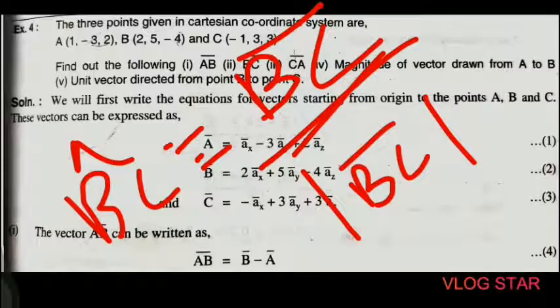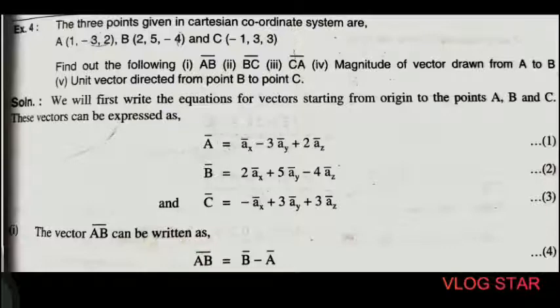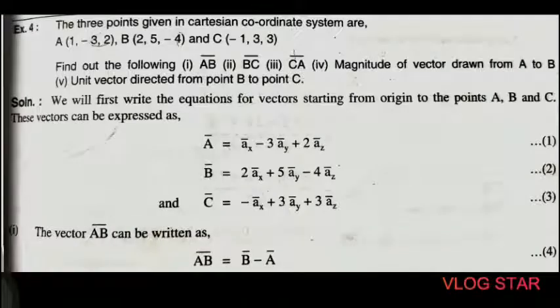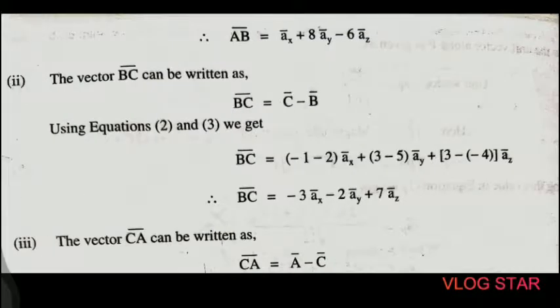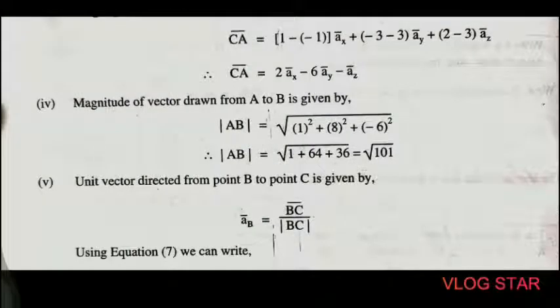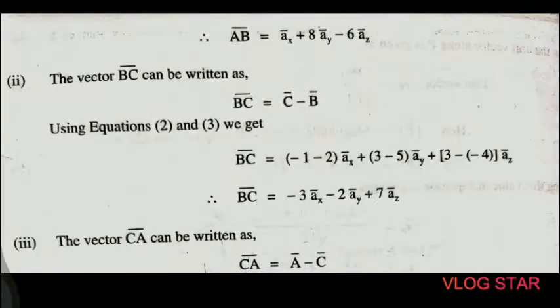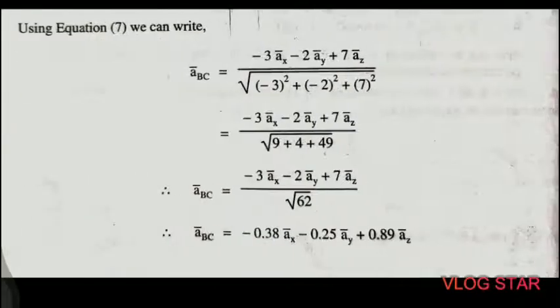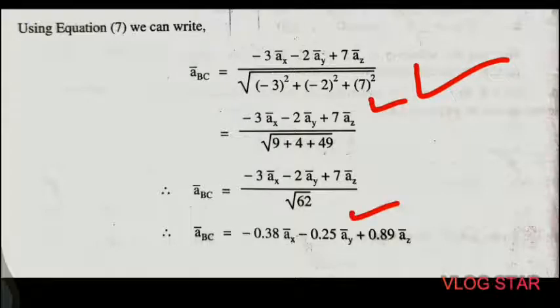This is the formula for finding the unit vector directed from point B to point C. We have already calculated BC bar, having value -3ax bar minus 2ay bar plus 7az bar, and we need to calculate the value of mod of BC. So mod BC is equal to the root of (-3) squared plus (-2) squared plus 7 squared, which gives root 62.